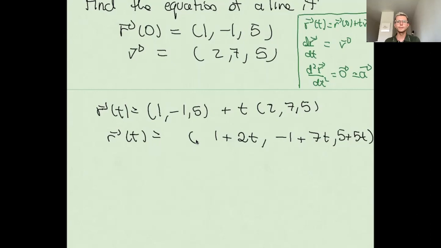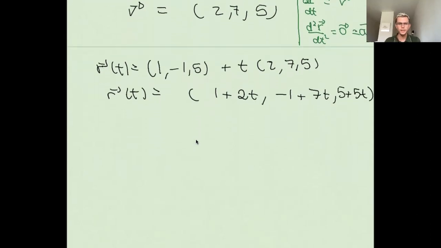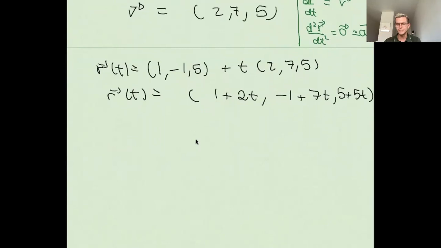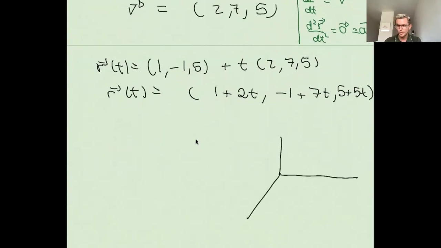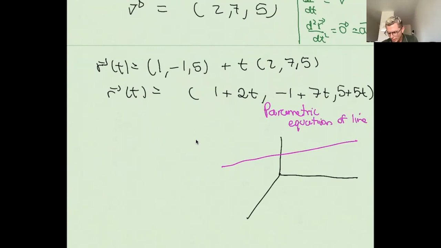So in general, there's something also called the parametric equation of the line. It's essentially the same, but you think of this point r of t as having component entries x, y, z.